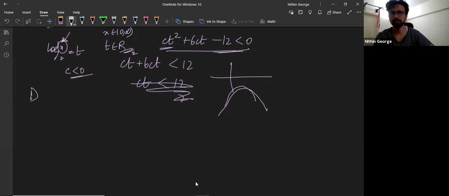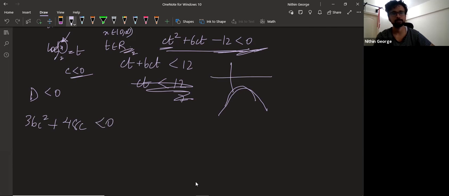Then the discriminant will be less than 0 because it doesn't touch the x-axis at all. This will always be lesser than 0.